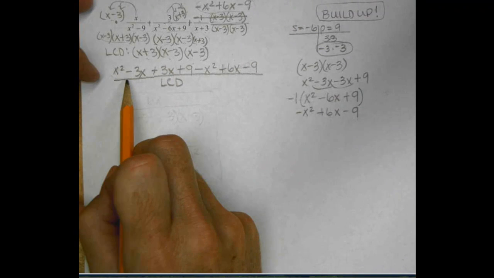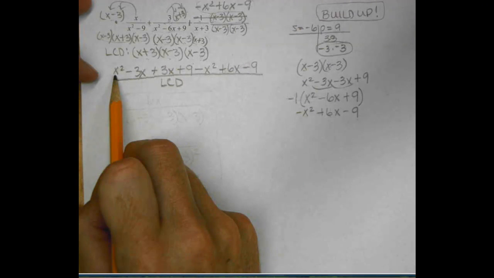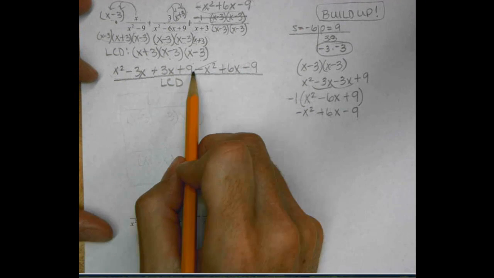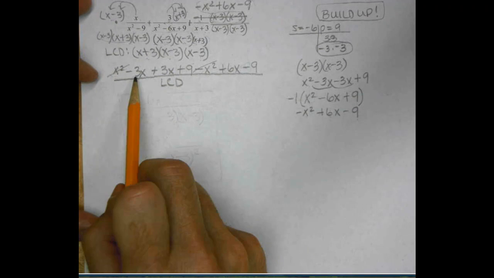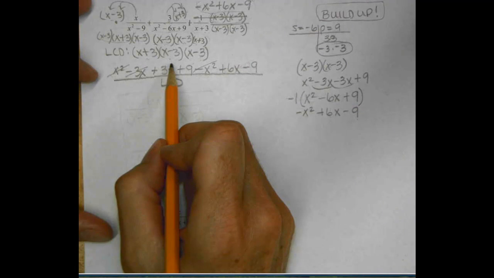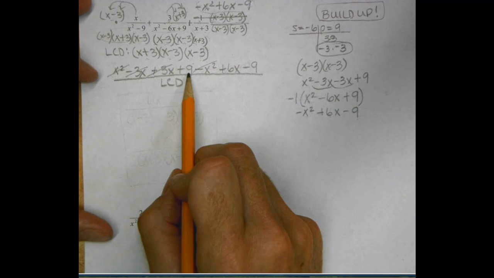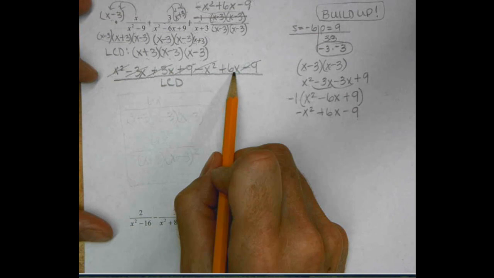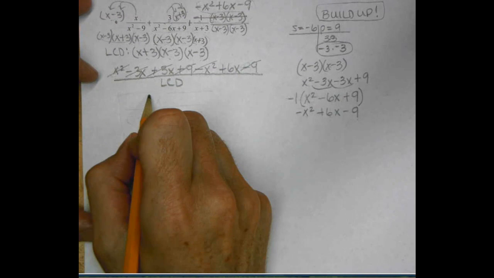And then I can combine some like terms here. I have an x squared here and a minus x squared here. Those will just cancel. And then I have a negative 3x and a positive 3x. Again, those are going to cancel. A positive 9 and a negative 9, opposites again. And all I have left is that 6x.